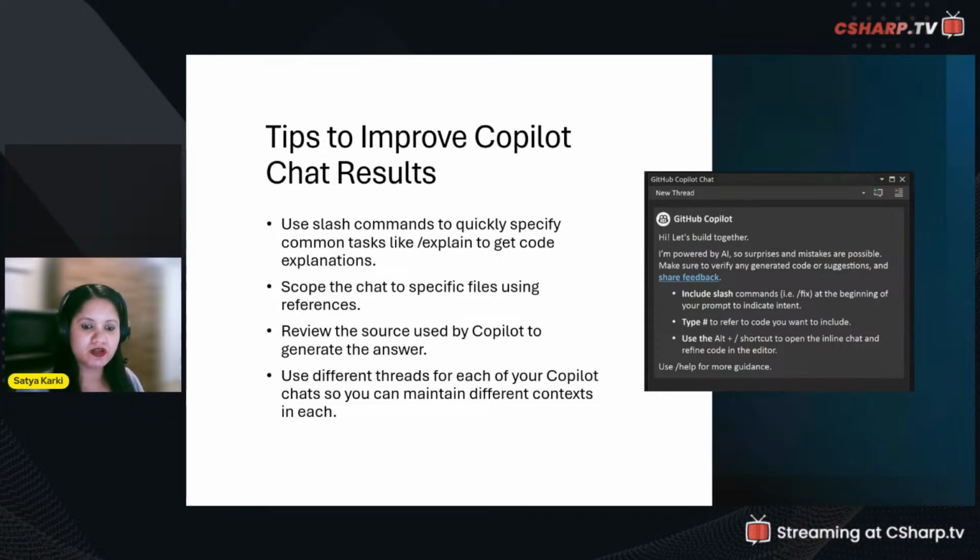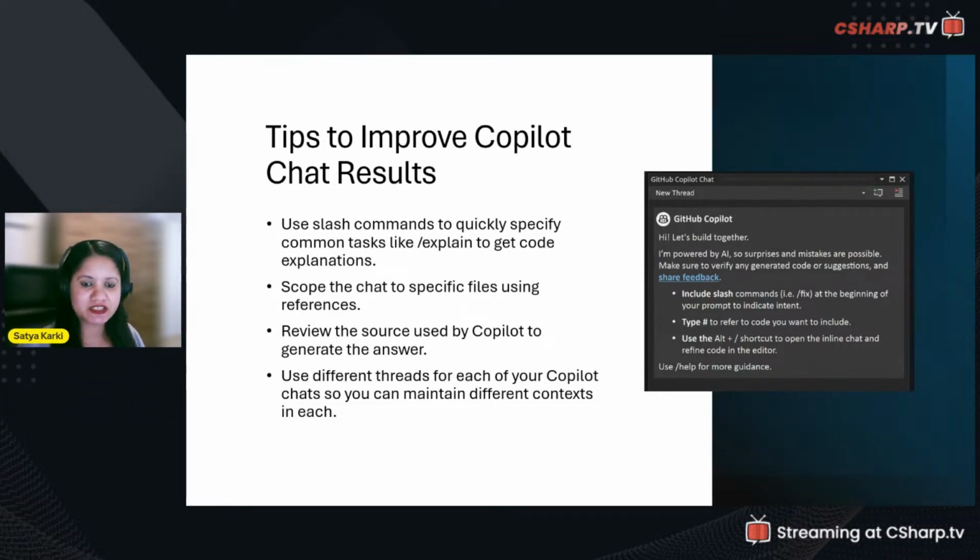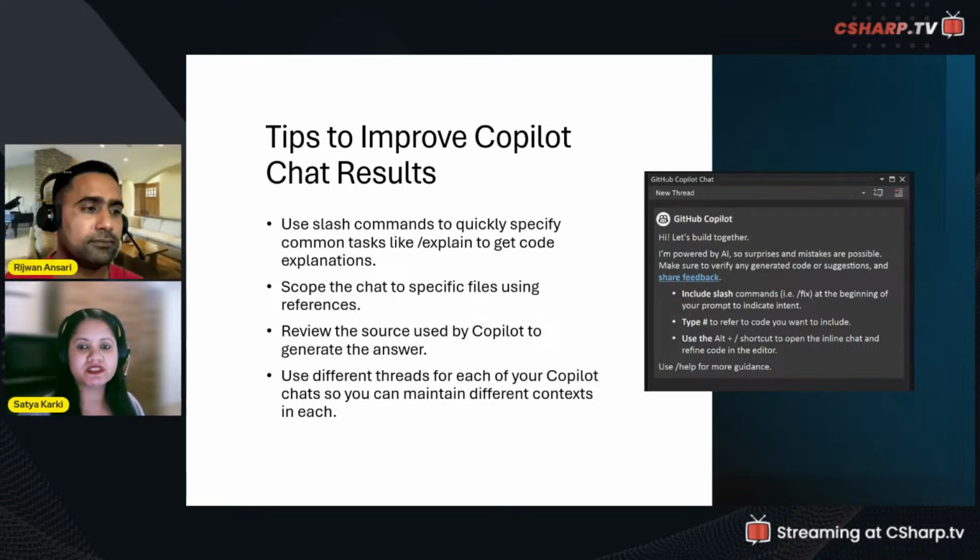To improve the code and the chat results, we can use slash commands to quickly specify common tasks, like slash explain to give a code explanation. You can scope the chat to specific lines using references. We can type hash to refer to the code you want to include.